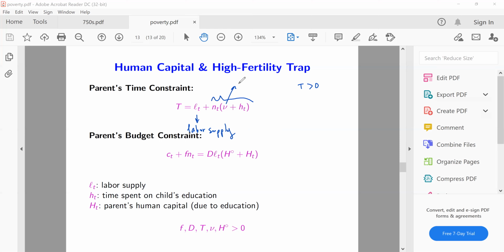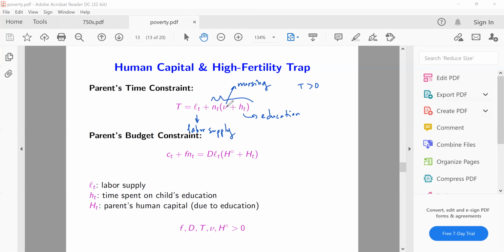Nu is the nursing time, and h_t is education. Careful, the adult himself or herself spends h_t units. This is the paper's original notation, by the way. I would denote this by e_t, for instance, but here it is h_t. So h_t is the time units the adult agent spends on each kid's education.